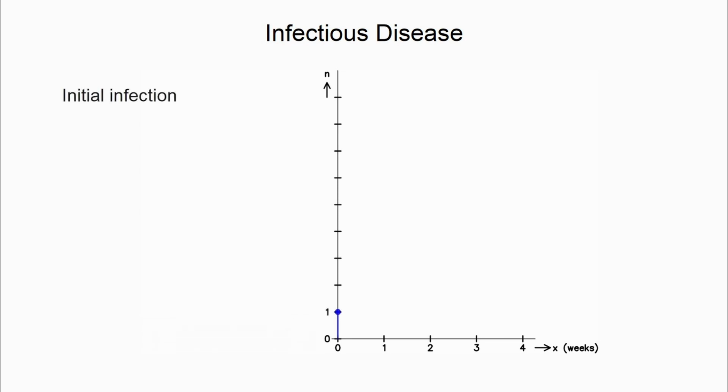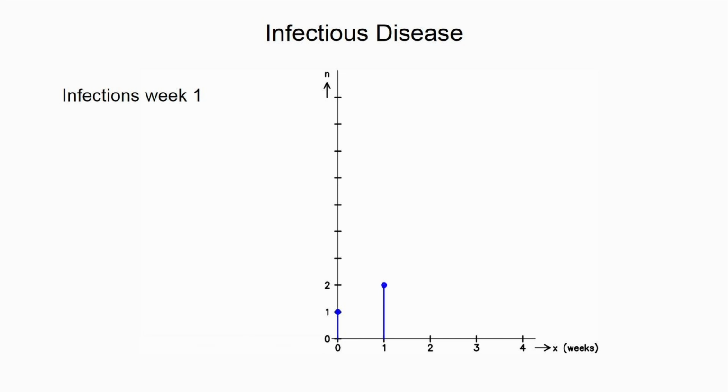Consider a single person infected by some disease taken aside from the whole of the population. Assume he or she is contagious for 1 week and will infect 2 other persons during that time. 2 is therefore the so-called reproduction number. At the end of the first week, the number of infections will have increased to 2.